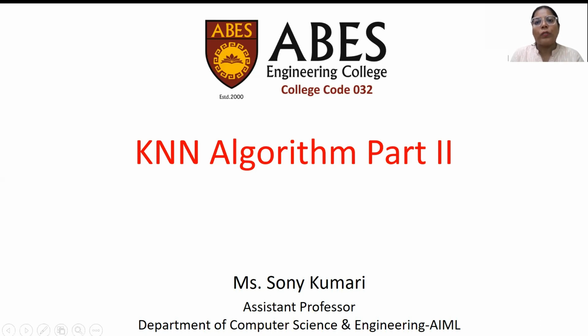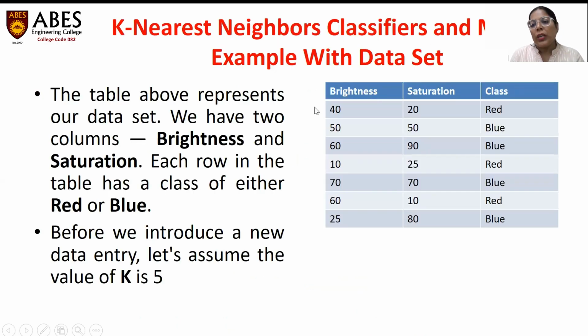So the agenda of the session is that we will discuss the KNN algorithm with an example. Here you can see the example data set. We have brightness, saturation, and this is the class. Depending on the combination of brightness and saturation, the class of color will be either red or blue.